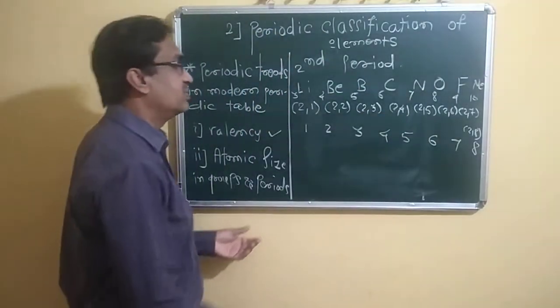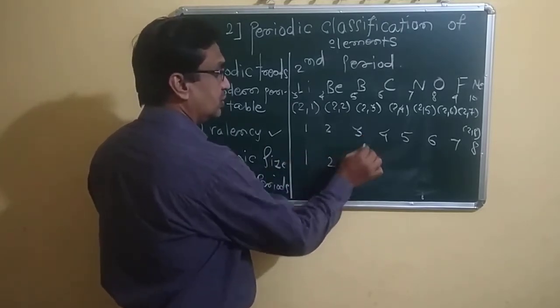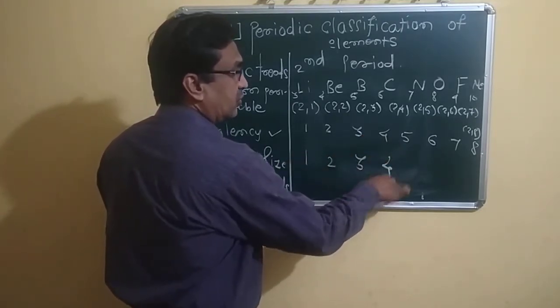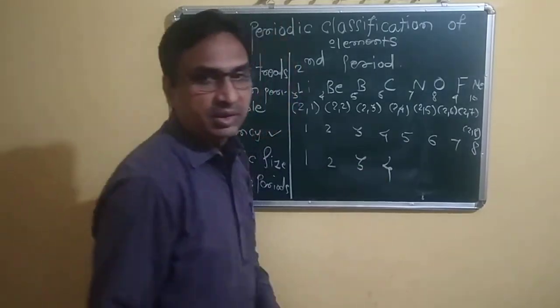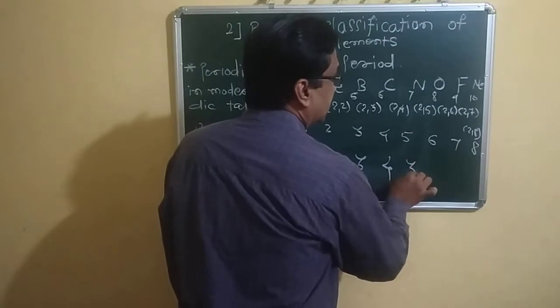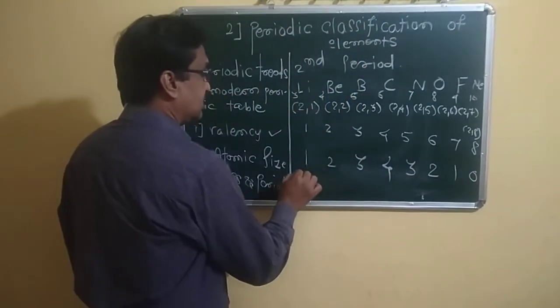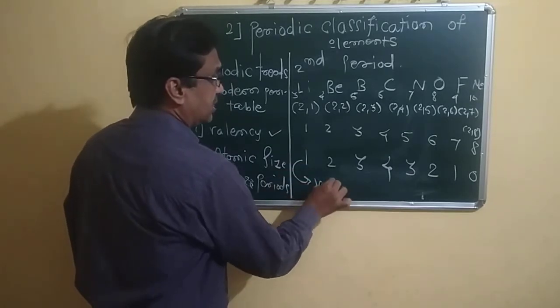So its valency becomes 1 2 3 4, that is 5. 5 means they have to accept 3 electrons, so once again its valency is 3 2 1 and 0. This is valence.